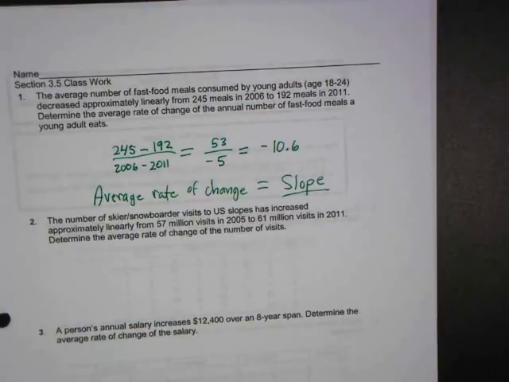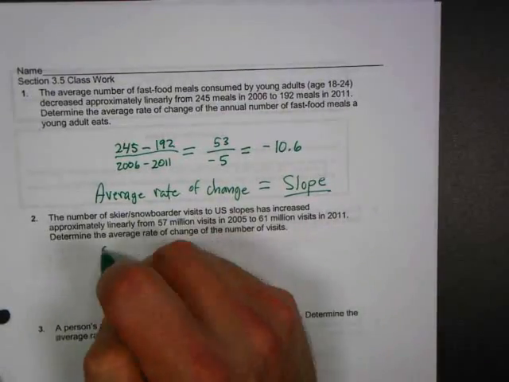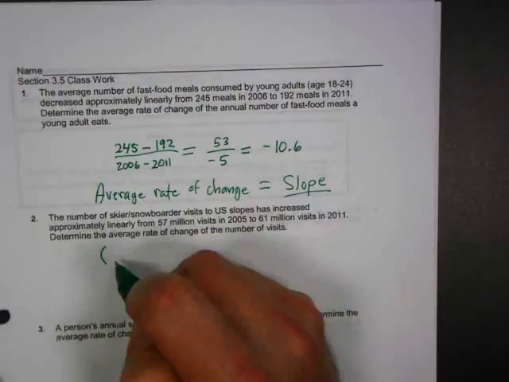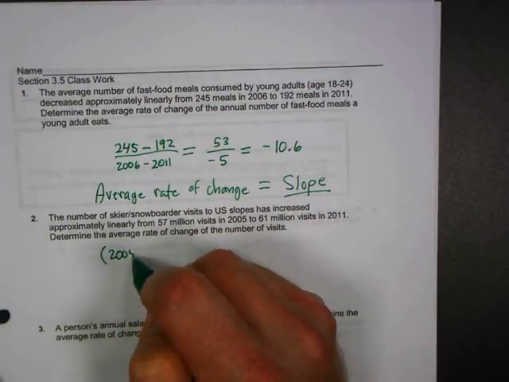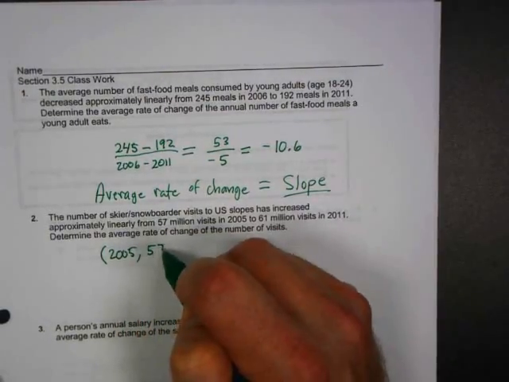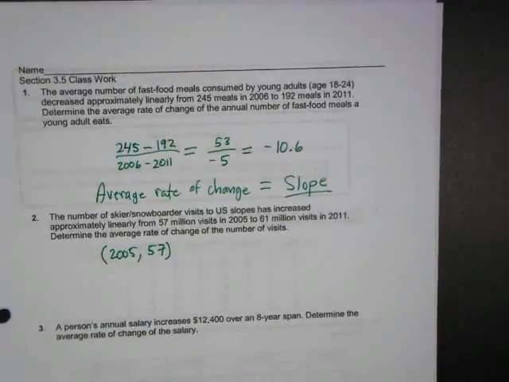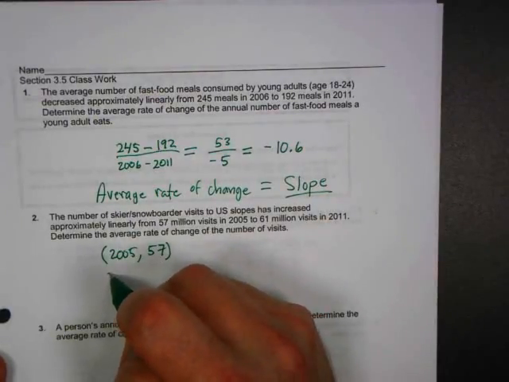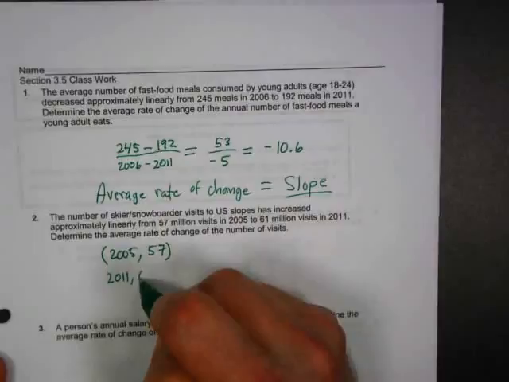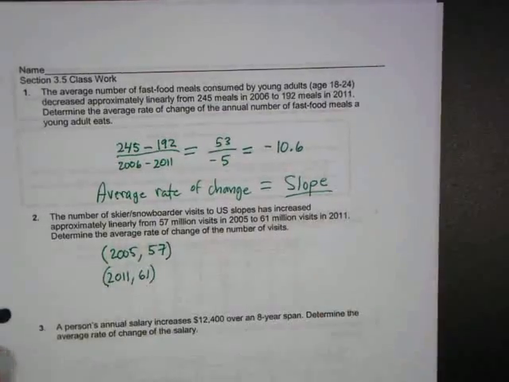So really what they've done here is they've told us we have the point 2005, comma, 57. In the year 2005, there were 57 million visitors. And they gave us the second point, 2011, comma, 61.